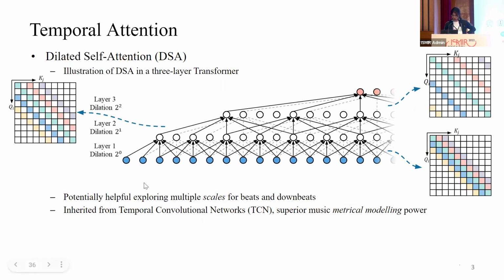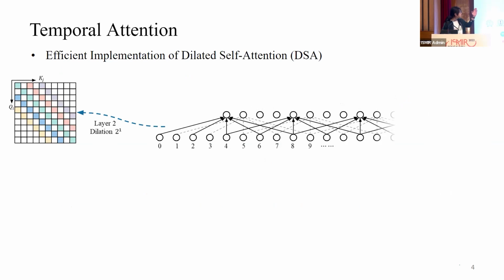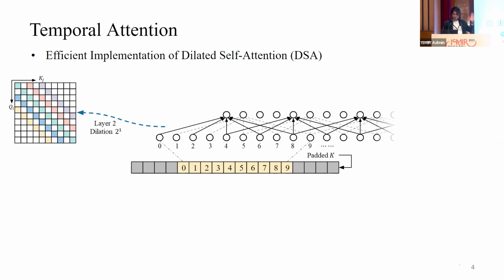So here, as you can see, we have a dilated window of length 5, which is very short. In other words, each position can only attend to its neighbors, which are covered by the dilated window, so that the attention matrix is very sparse. To compute this sparse attention more efficiently, we introduce a rolling strategy.